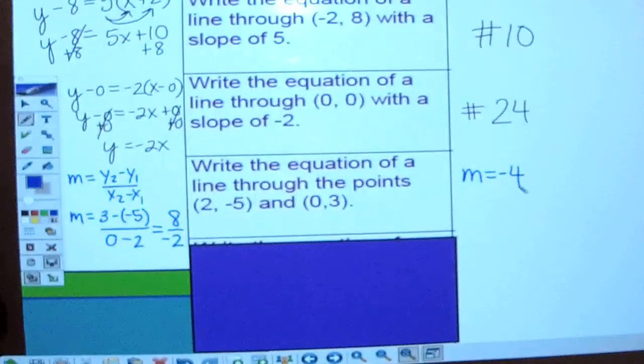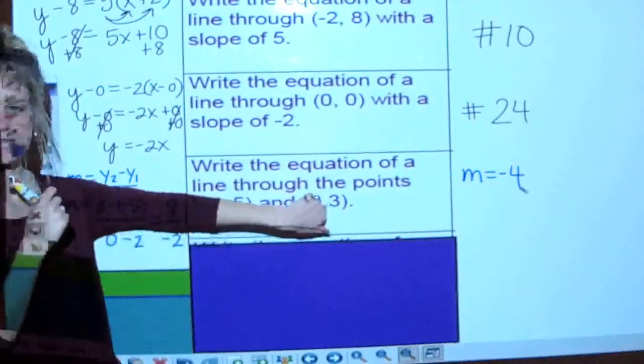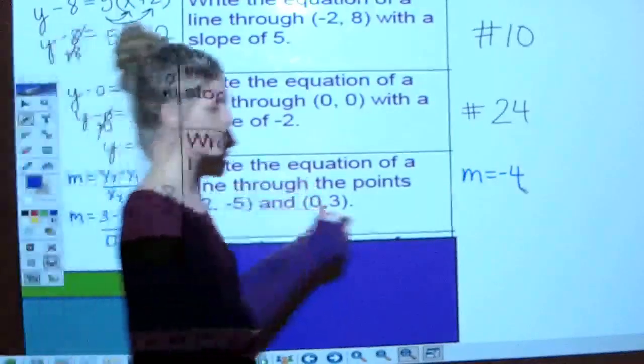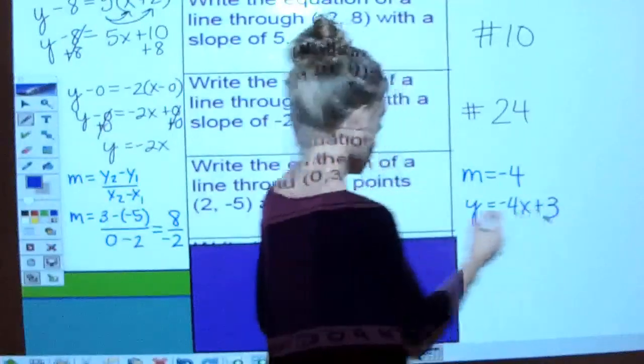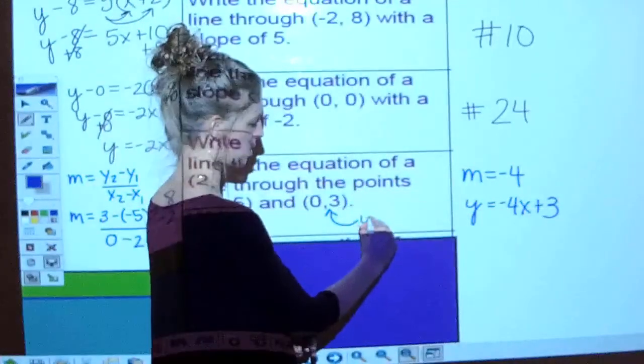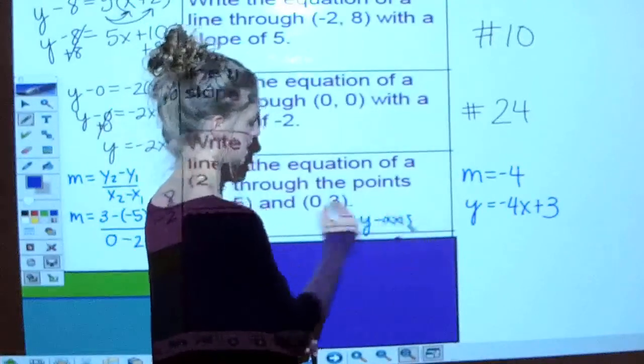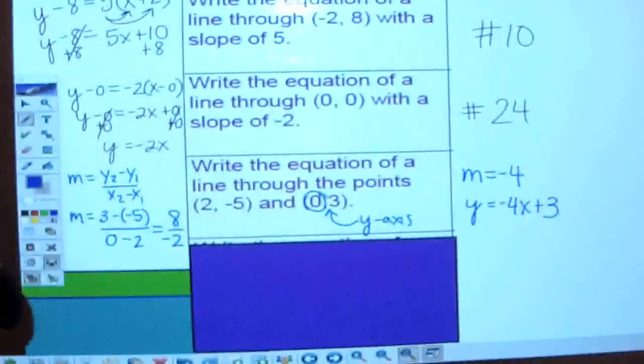Which one is the y-intercept? The 3, because that's a point on the y-axis, because of this 0 right here. So I can just plug it into slope-intercept form. Okay, so 4x plus 3, number 2.